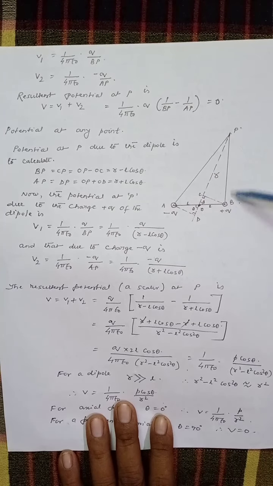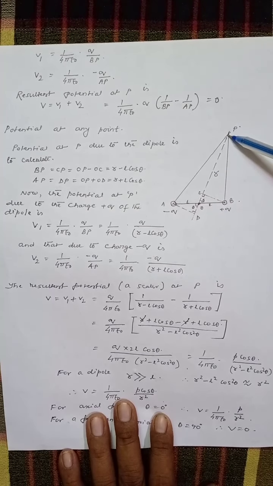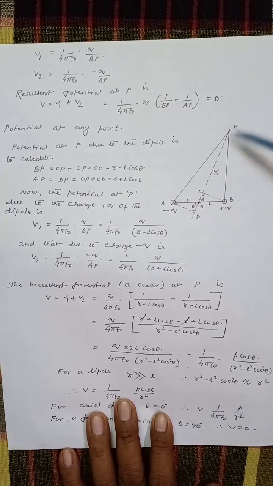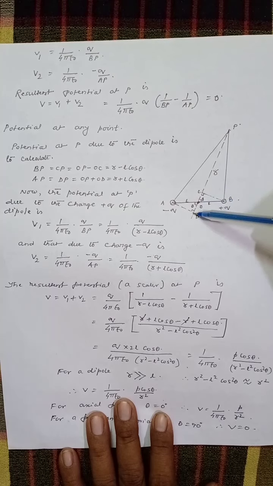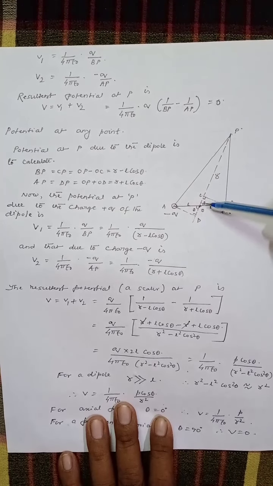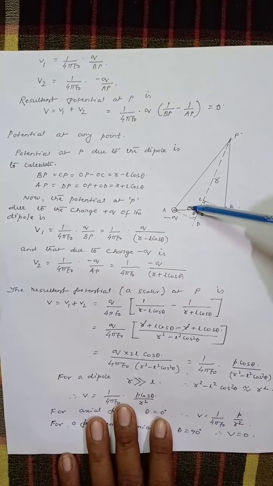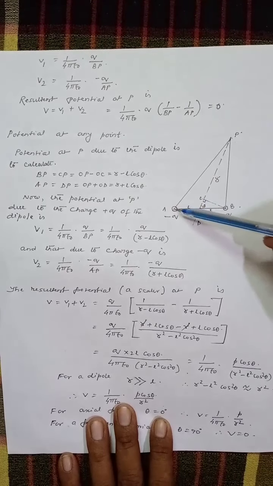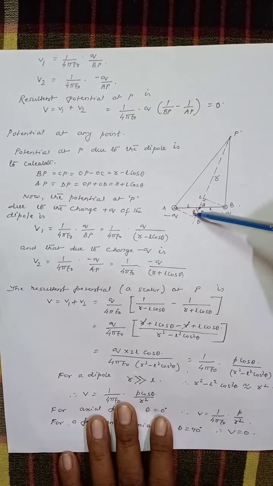So what is BP? BP is nearly equal to CP, which is equal to OP minus OC, that will be equal to R minus L cos theta, because OC and OD both represent L cos theta, because this length OB and OA equal L, and angles AOD and BOC both equal theta.